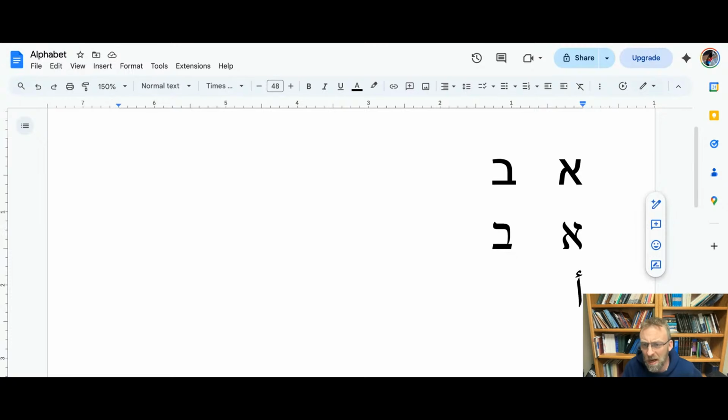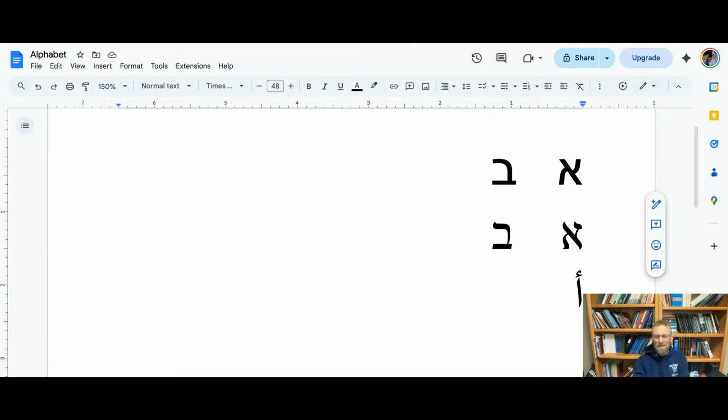We're going to deal with Begad Kafat and the Digashim, the various types of Dagesh. Originally the letter has no Dagesh. Dagesh is a later addition, a diacritical mark to indicate different realizations of the letter Beit.